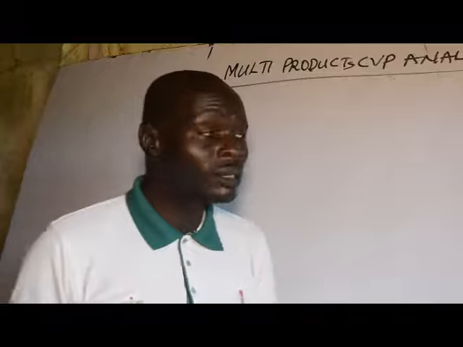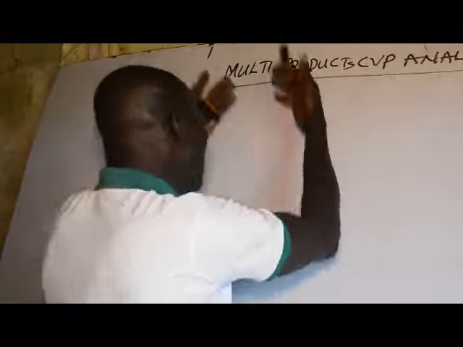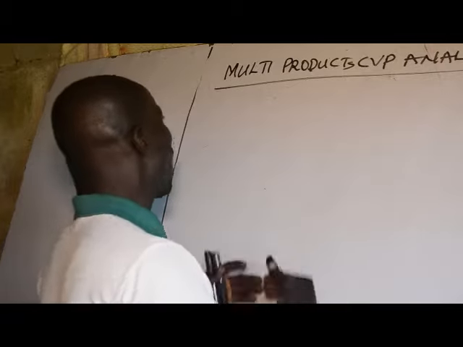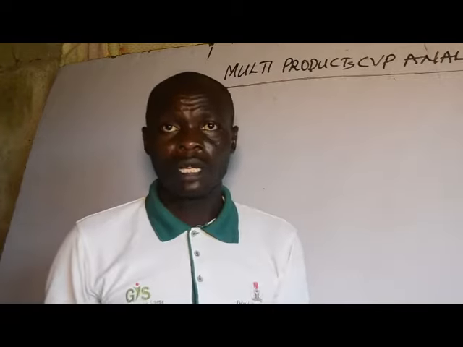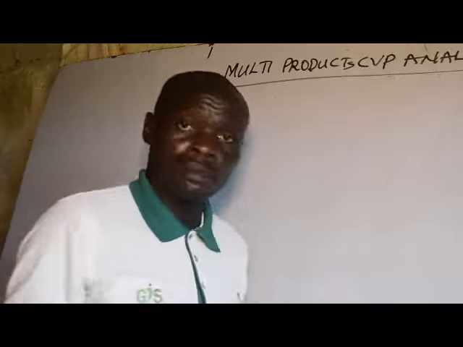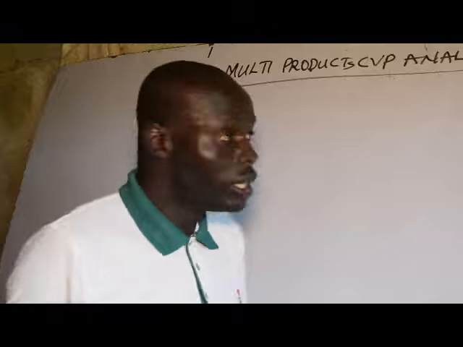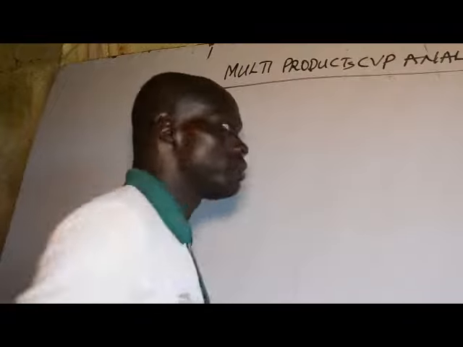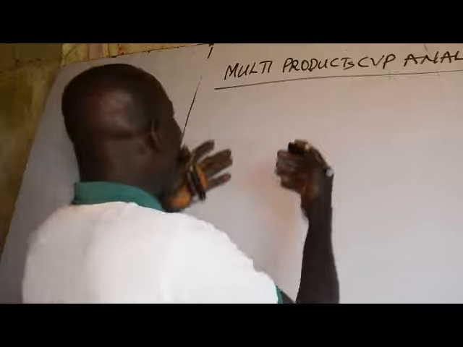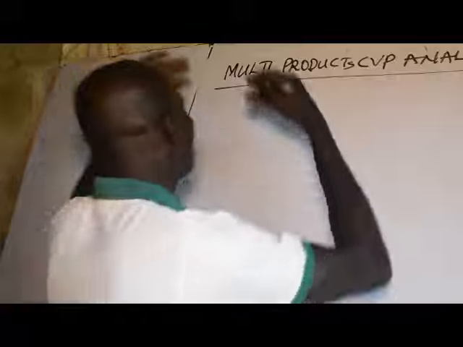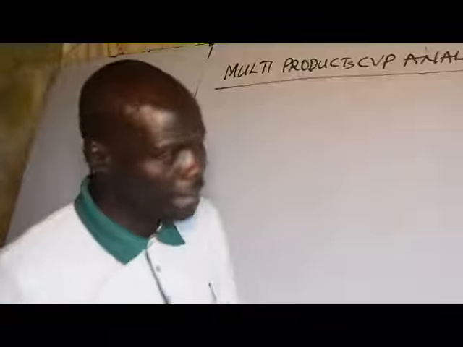I've told you that a business is said to break even where its revenue equals its cost. That is, at the break-even level, there will be no profit, there will be no loss. The revenue and cost will be equal. That is break-even. The various formula for calculating the break-even point have been given in part 1.